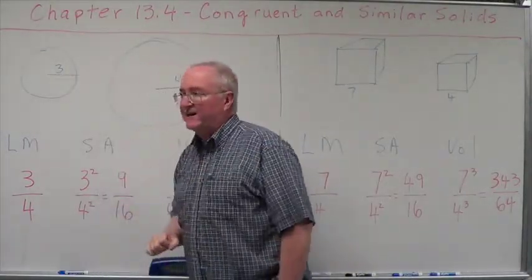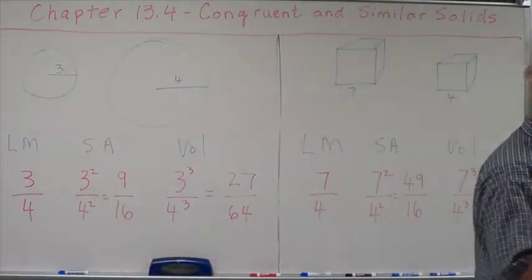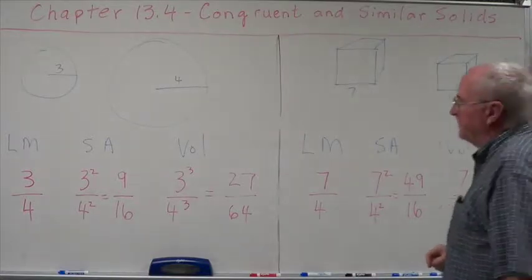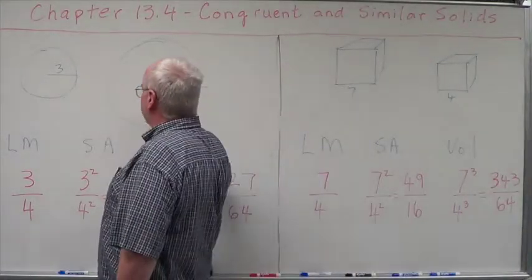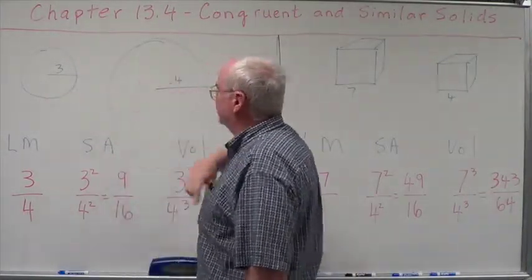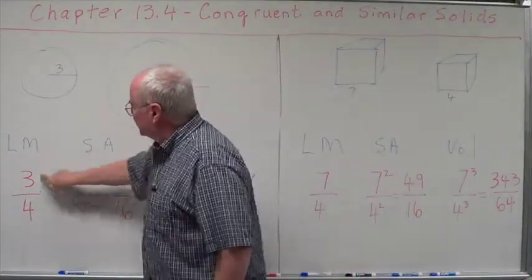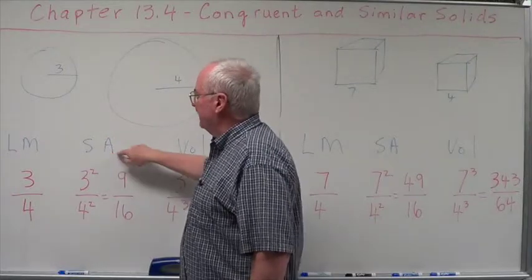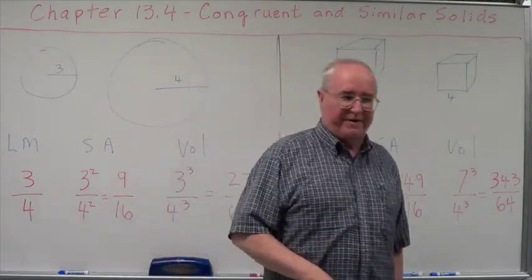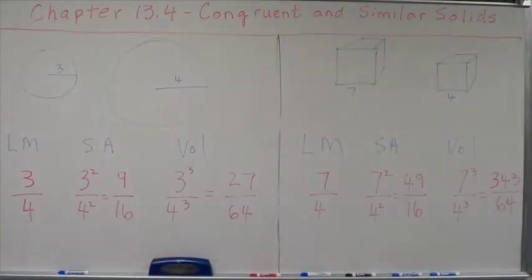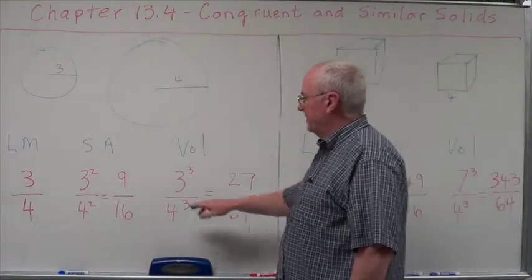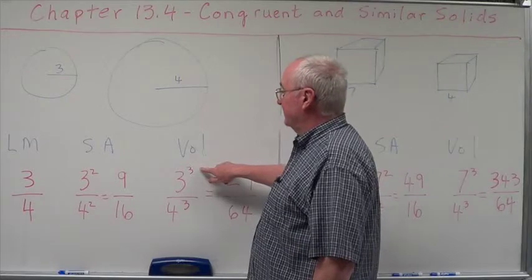If the radius is equal, same unit of measure, then they're going to be congruent. These two are obviously not equal. We have a radius of 3 and a radius of 4. The ratio of this one to this one is 3 to 4. What's their surface area? We square each one. That makes it 9 to 16. Look at the volume.